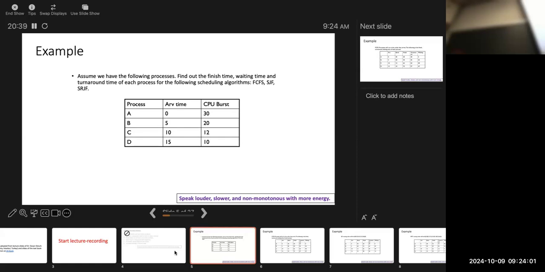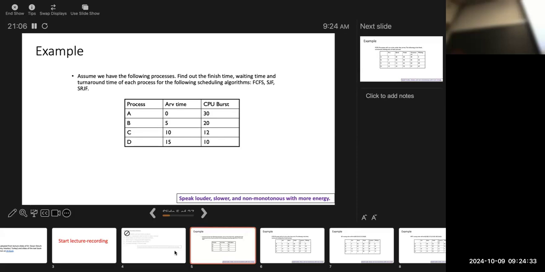For B, it arrived at 5 and got immediately scheduled, right? And then it was not running for this time period, which is 32 minus 10, 22, right? C arrived at 10 and got scheduled at 10 and then it completed in one go, right?